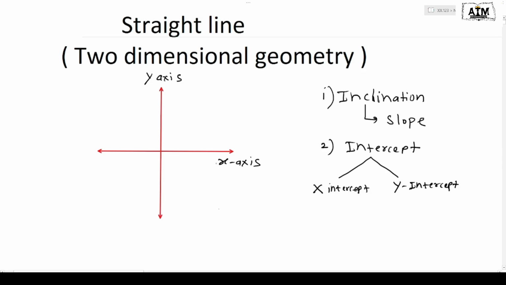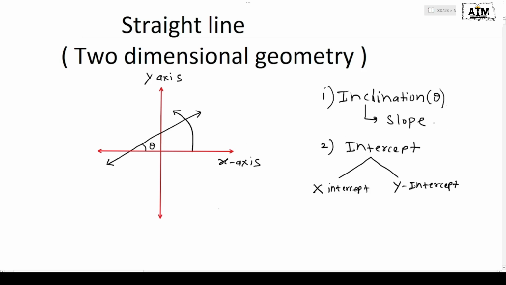In two-dimensional geometry, suppose this is a line, and this line makes some angle with x-axis with respect to the positive direction of x-axis. So the line makes some inclination. Theta is the inclination. So inclination of the line is denoted by theta.